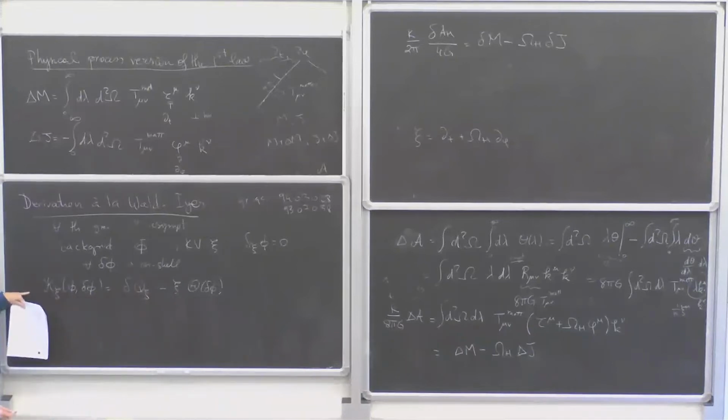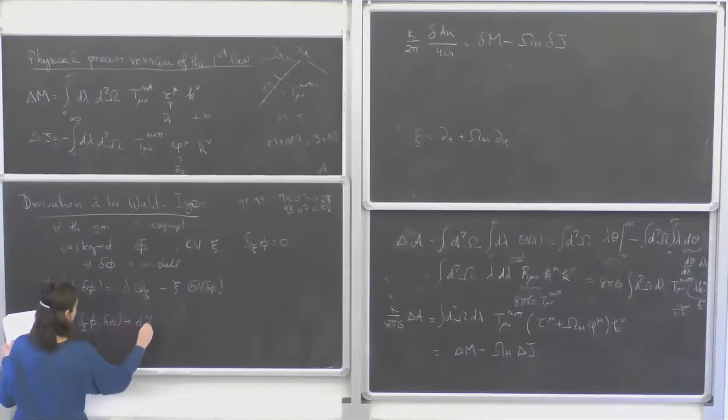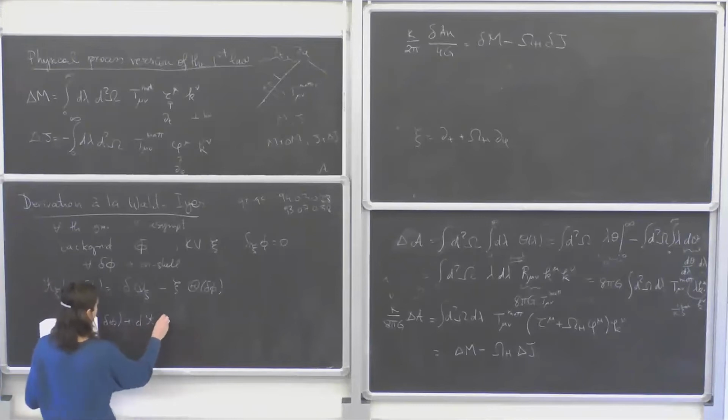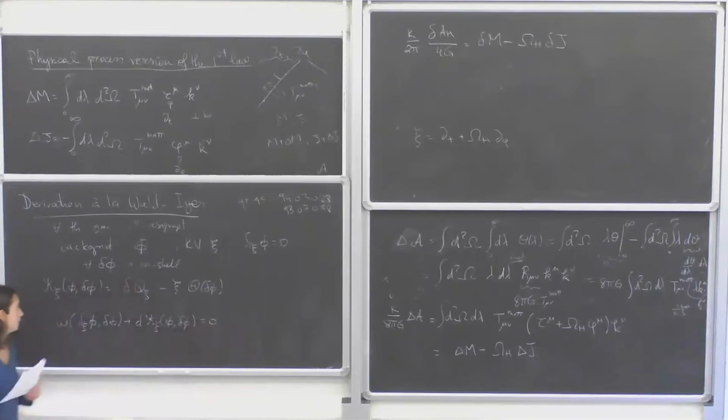So we wanted to see that k is conserved whenever certain conditions are satisfied. And so we were able to get this nice condition that the symplectic form omega on phi, delta phi, and Lie derivative of phi along xi plus d k. So if you remember, we got this equation, and then we said whenever xi is a Killing vector, this vanishes.